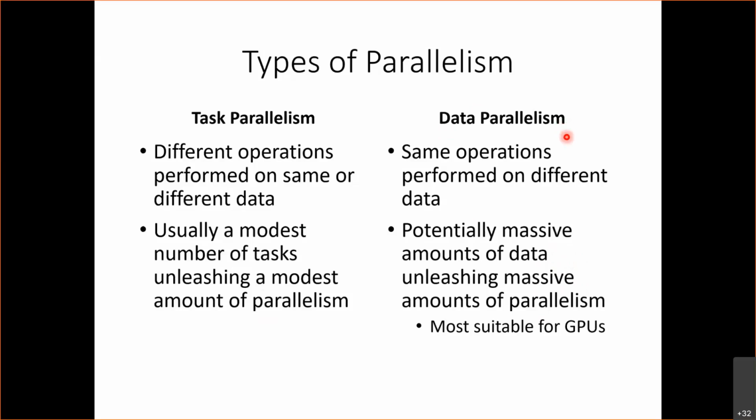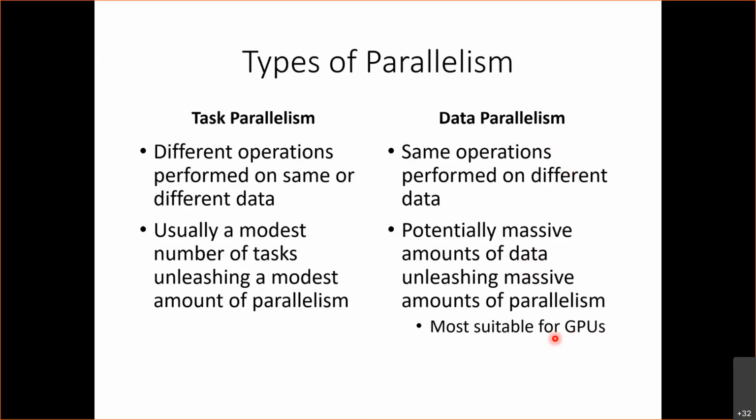It's just that you're taking the same program and running it on a much larger data set, right? If I have a screen with higher resolution, I have more pixels, and automatically I have more data parallelism. I don't really have to write new code for that. And that is why data parallelism has higher potential for releasing a massive amount of parallelism, and that's what makes data parallelism very suitable for GPUs.